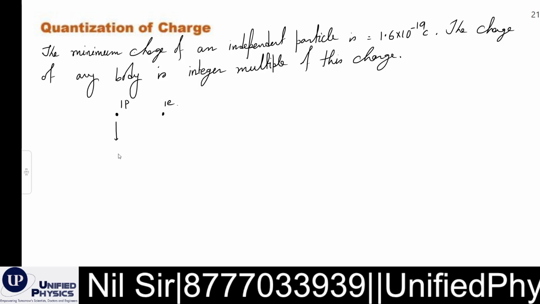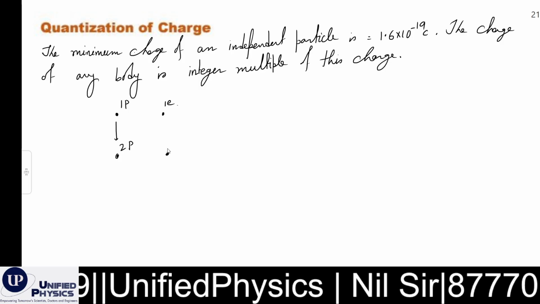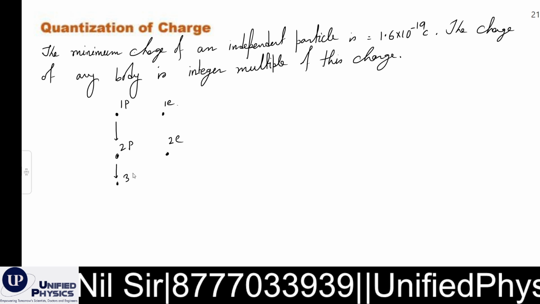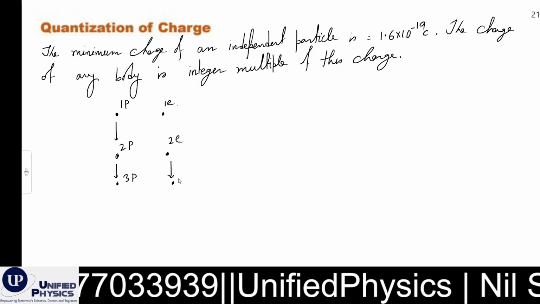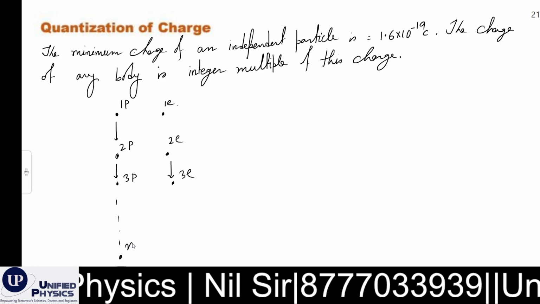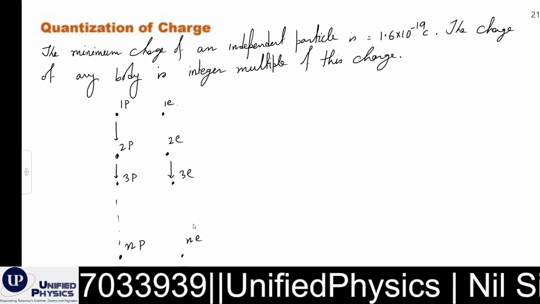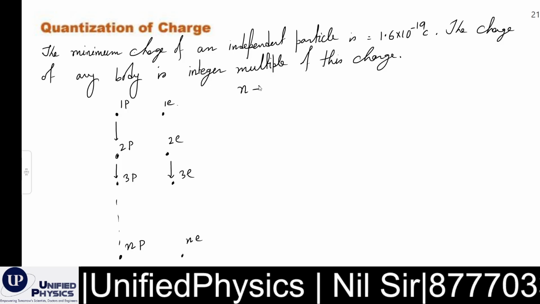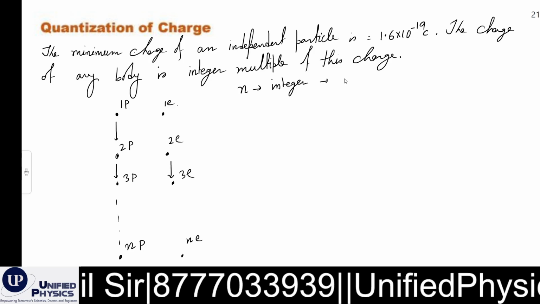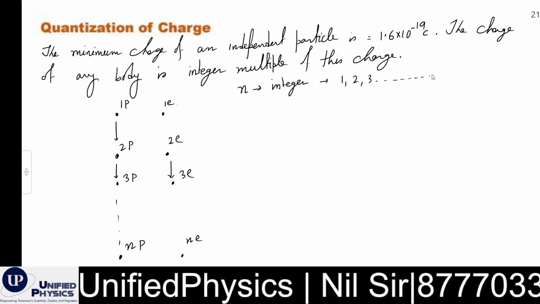Second, this could be two protons or two electrons, or three protons or three electrons, and so on, n protons or n electrons, where n equals an integer. That means 1, 2, 3 and so on.